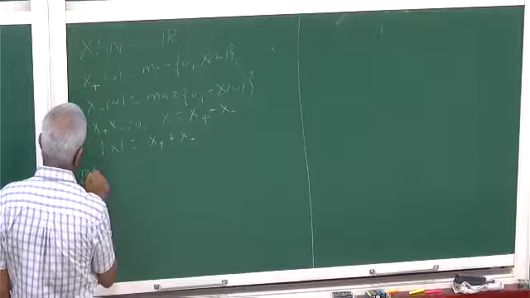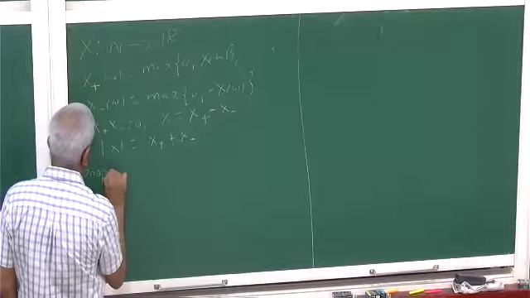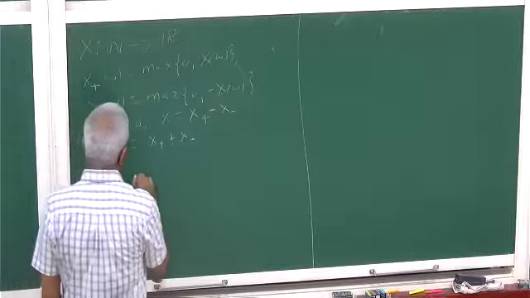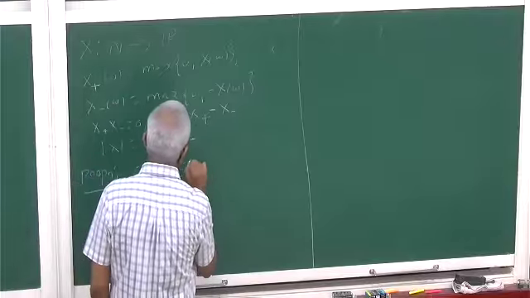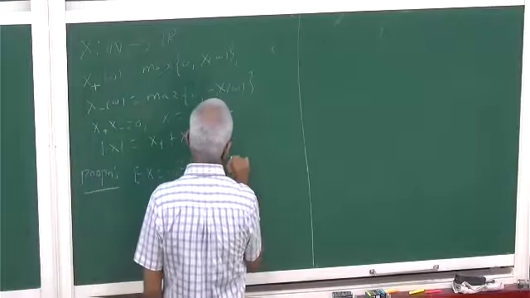And the claim is E of x is E of x plus minus E of x minus.